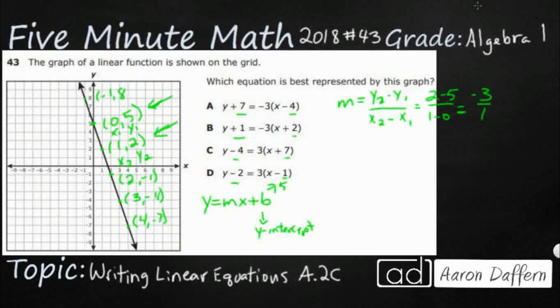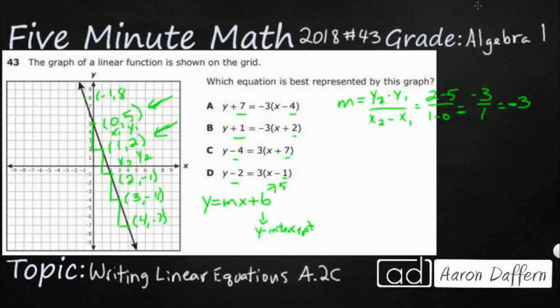So -3 over 1 equals -3, which is very much in line with what we saw. So remember, rise over run, so change in y. Every time I would move down 3, and then I would move over 1. And I would go down 3, over 1. So it's a -3 slope because I'm moving down 3 and over 1.